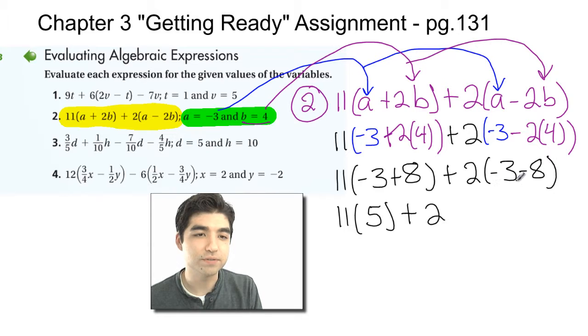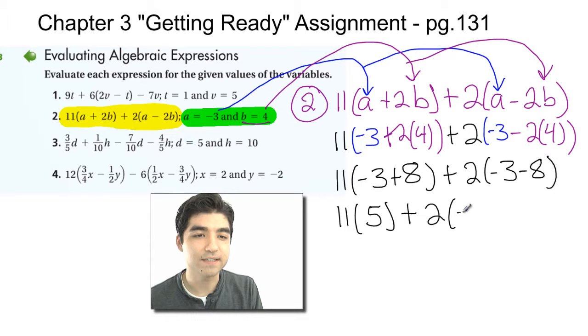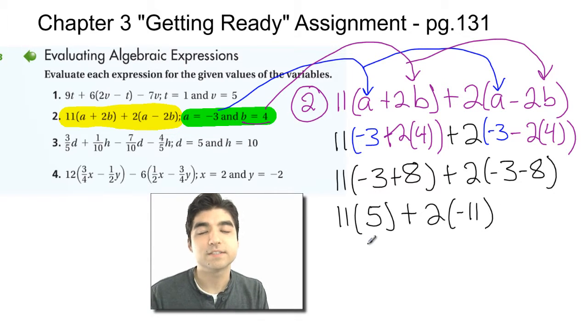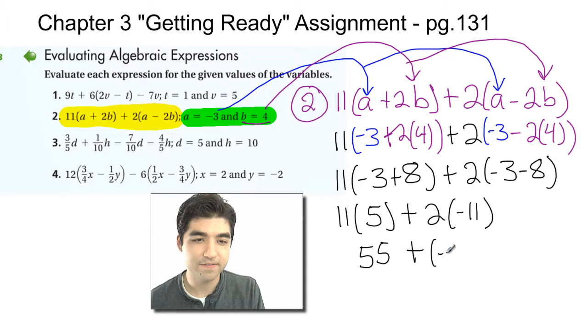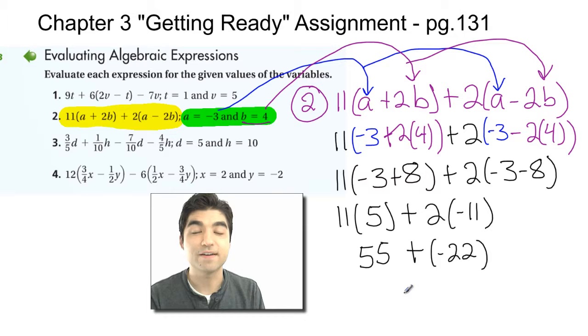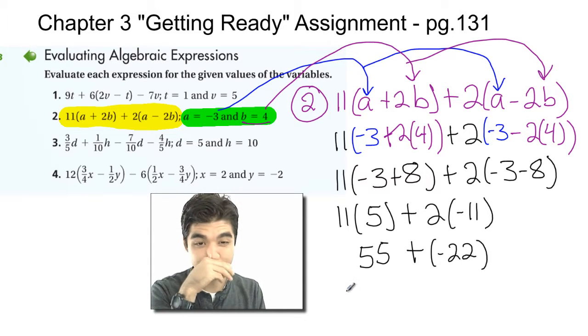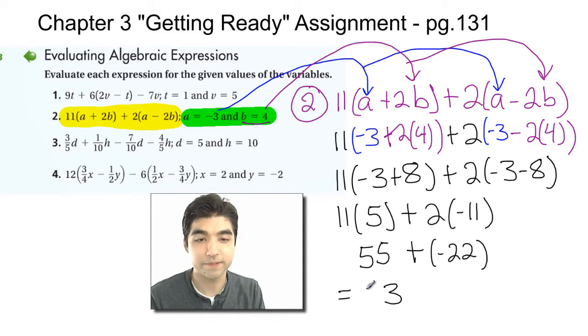And then 2 times -3 minus 8 equals -11. So we have 11 times 5, which is 55, and 2 times -11, which equals -22. Then we just have 55 minus 22, and that equals 33. Nice.